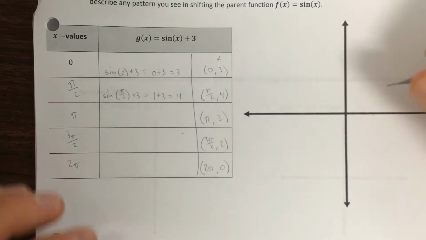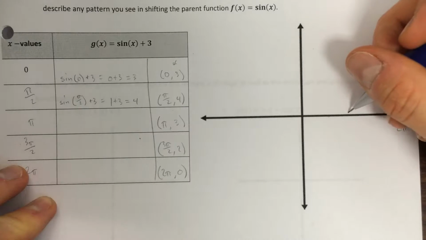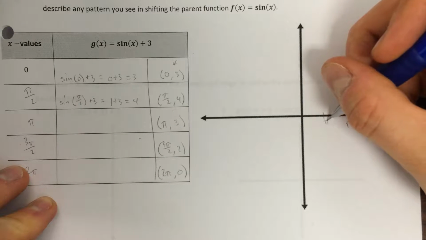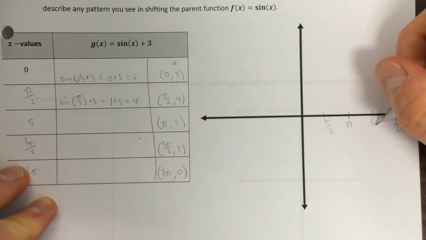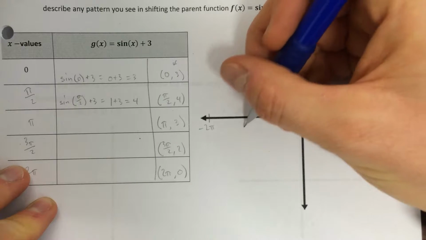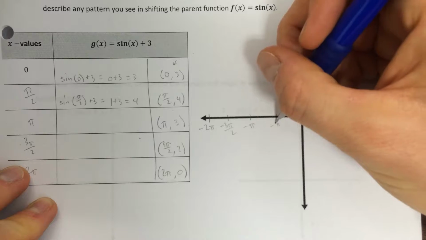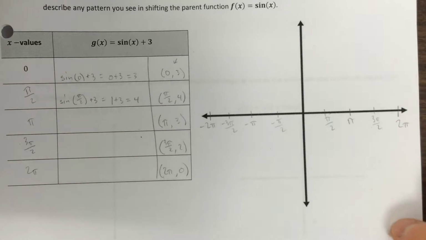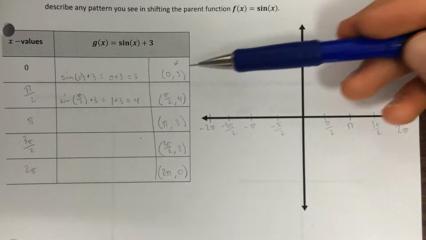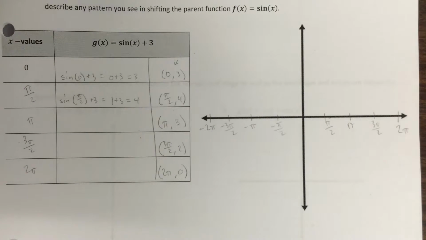So let's do that. I'm going to scale my axes now: 2 pi, let's call this pi, pi over 2, 3 pi over 2, negative 2 pi, negative pi, negative 3 pi over 2, and negative pi over 2. And then we can look at our values here. Our lowest value here was at 0. Oh, that is actually wrong though, because sine of 2 pi is 0, but then I have to add 3.